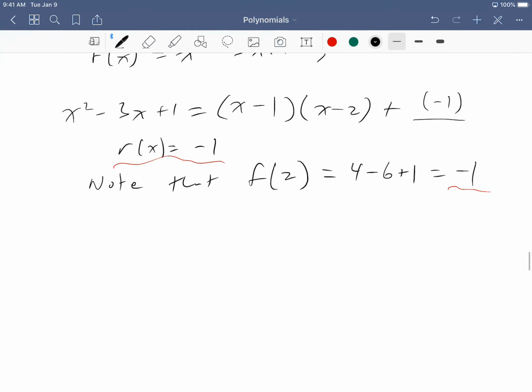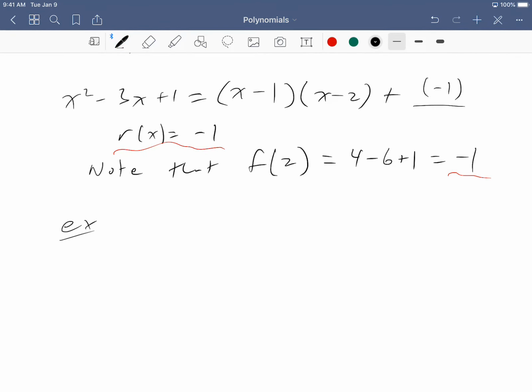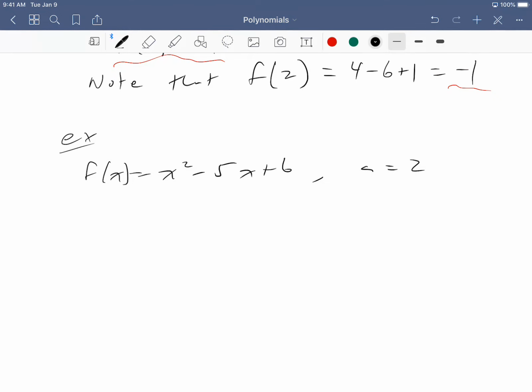Let's try one more example that's really similar just to see that this works in another case also. So if f of x is x squared minus 5x plus 6, and again a is 2, then this time when I try to use this division algorithm, I take x squared minus 5x plus 6, and I want to write it as something times x minus 2, because my a is 2, plus some remainder.